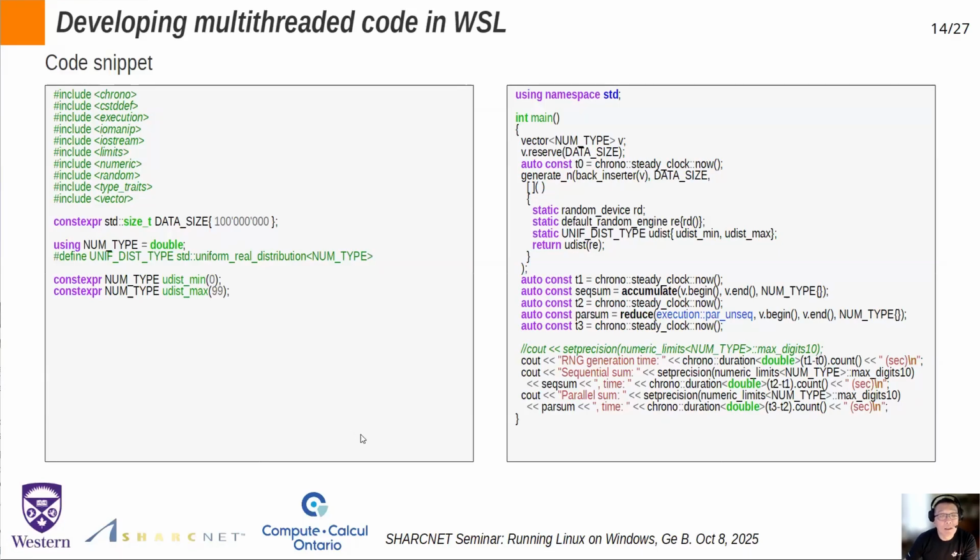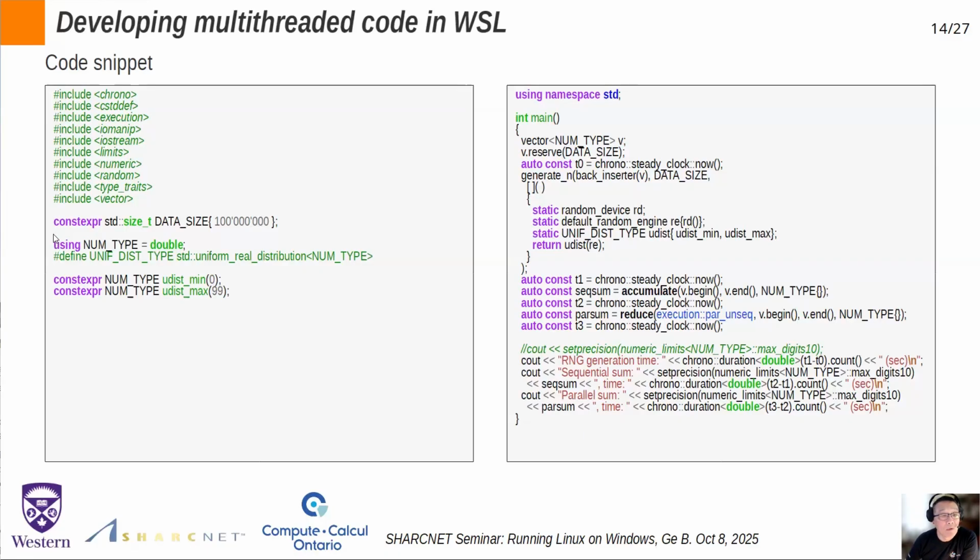So this code is made by my colleague Paul Brainy. This code demonstrates the use of threads to add an array of random numbers all together. This code is written in C++.